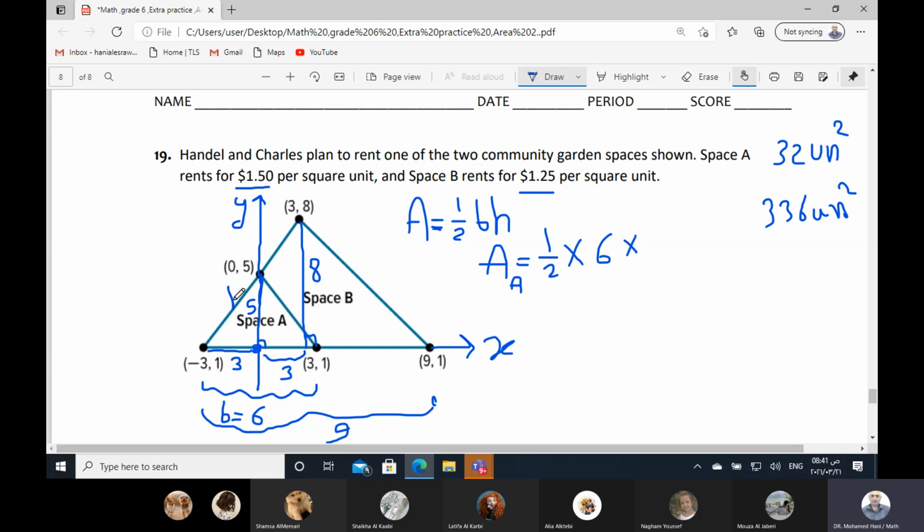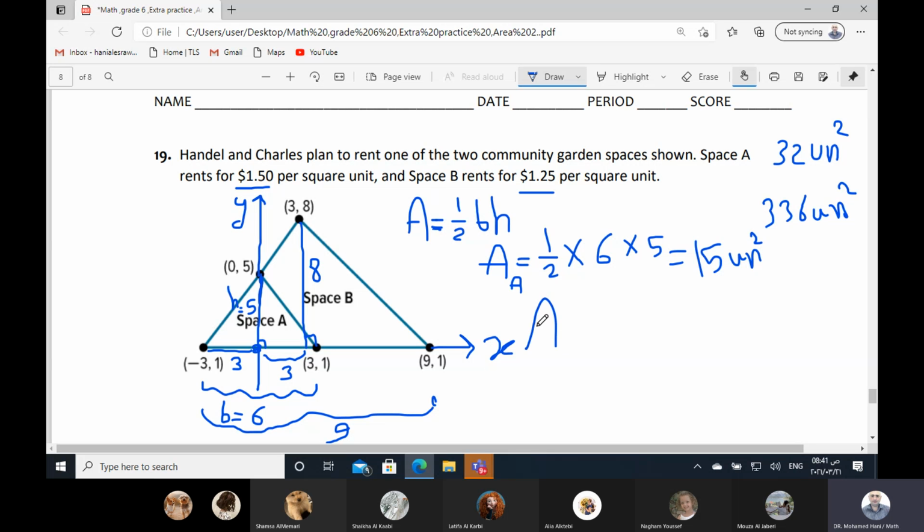So H equals 5, times 5. Now 5 times 6 is 30. 30 times 1 is 30. 30 divided by 2 will be 15 units squared. This is the area of space A.